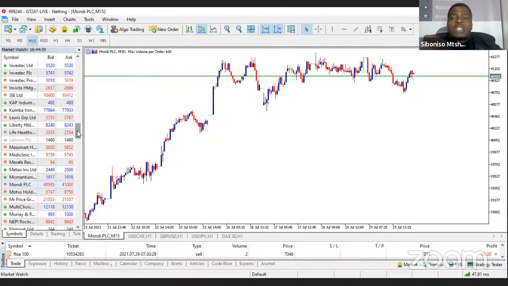And then we have a swing trader. That is the kind of person who can take trades that go for days, a week, or above a week or two. Then we've got long-term traders, who are like position traders. They take long-term trades. You can take a trade in January and close it in December.